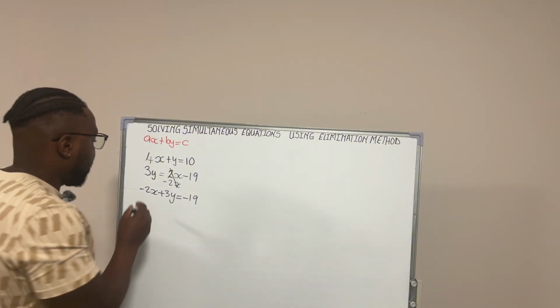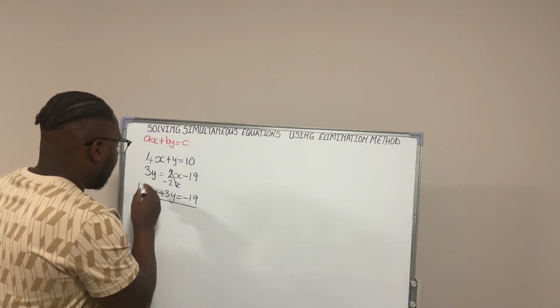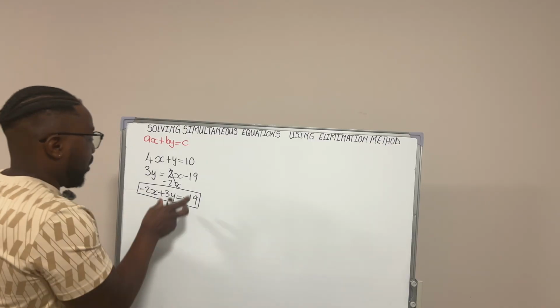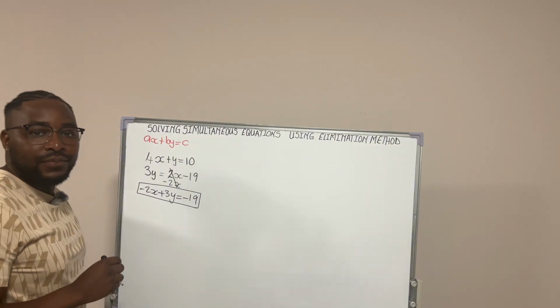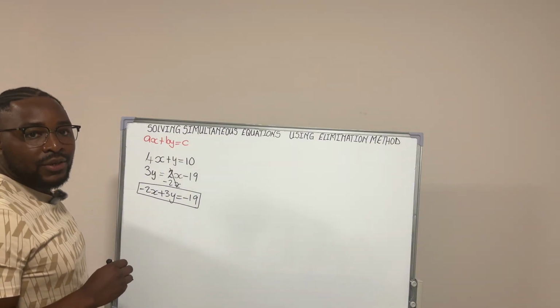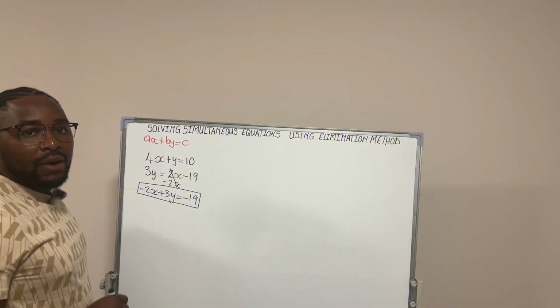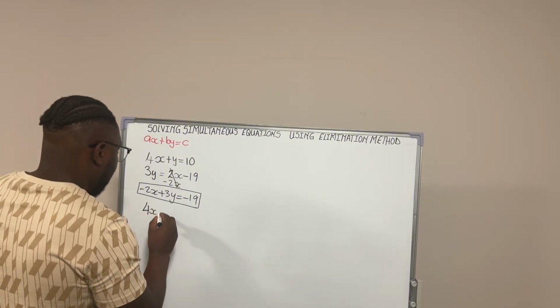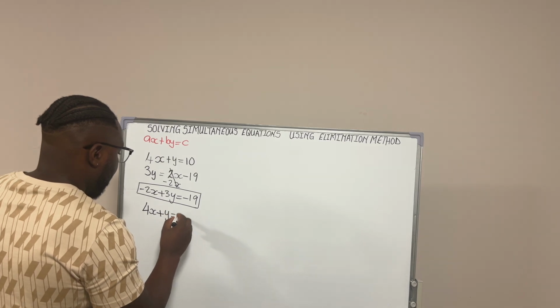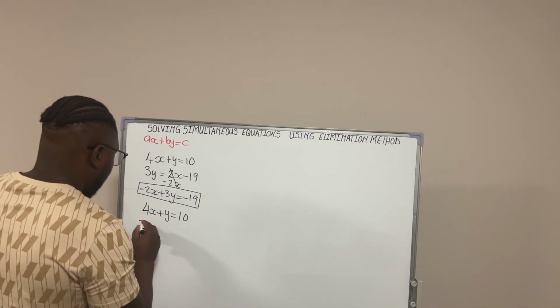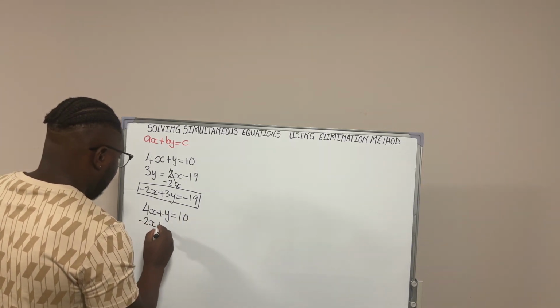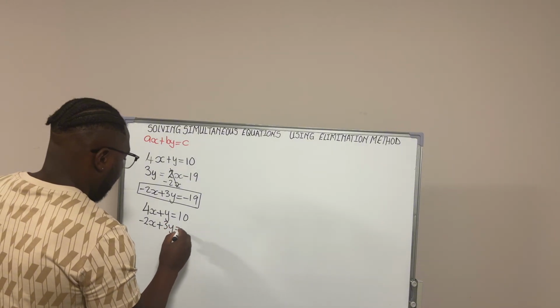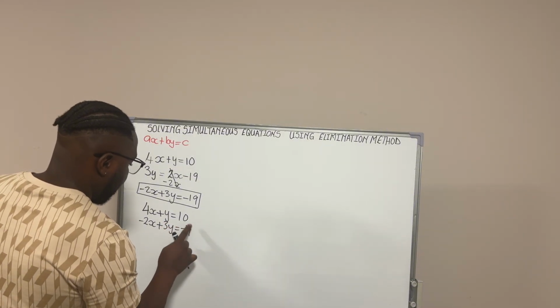Yes? And if you look at this equation right here, it's in this form, right? So now let us write our two equations down. Yes? So we have 4x plus y equal to 10 and negative 2x plus 3y equal to negative 19.